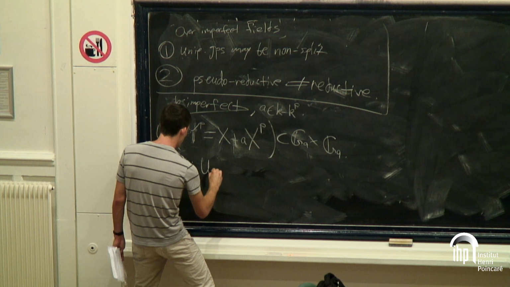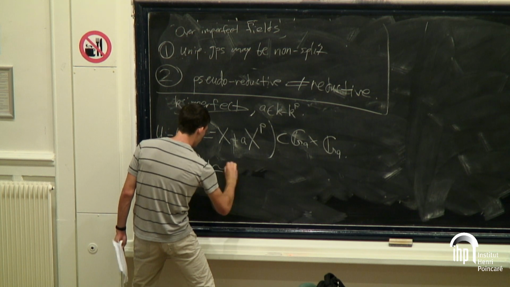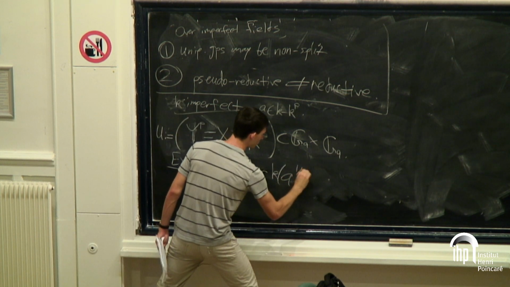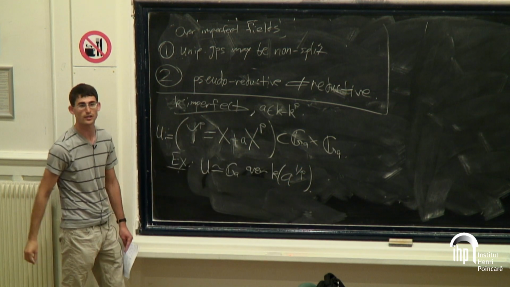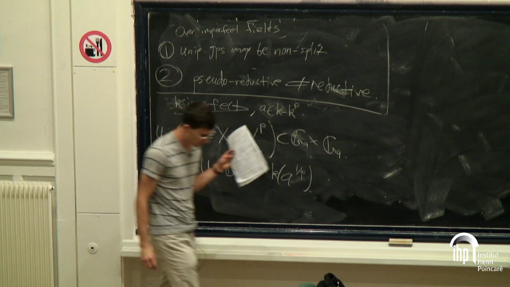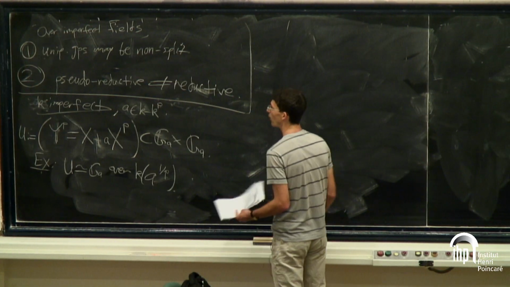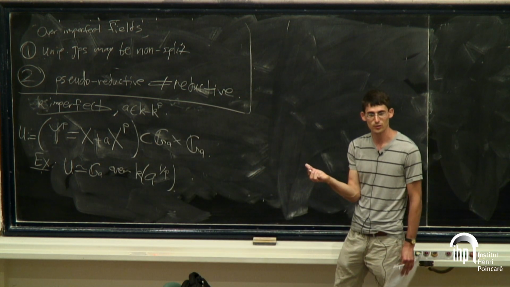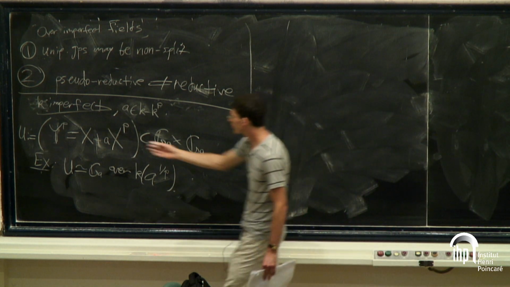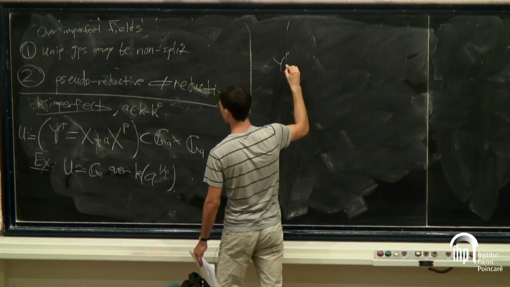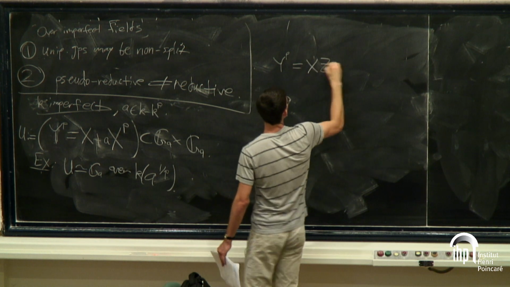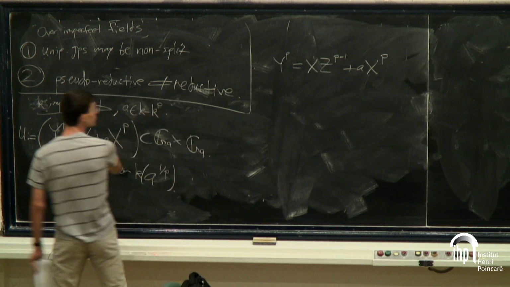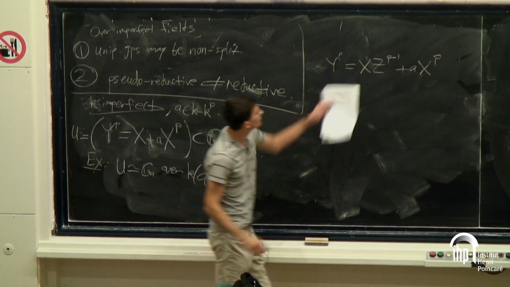U becomes isomorphic to G_a, not over K, but over K adjoined a^(1/p), this purely inseparable extension. It is not isomorphic to G_a over K. One way to see that is, if it were isomorphic to G_a, they'd have the same regular compactification, which is P^1. But the regular compactification of this, you can check that this thing is regular: y^p = xz^(p-1) + ax^p. So this is the regular compactification of U, and the point at infinity is not rational.